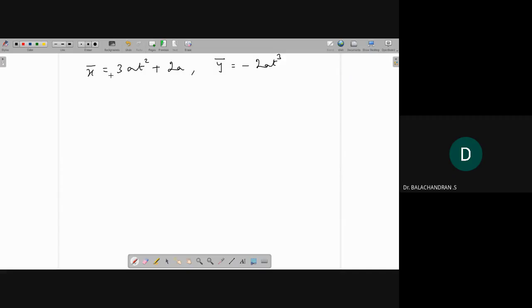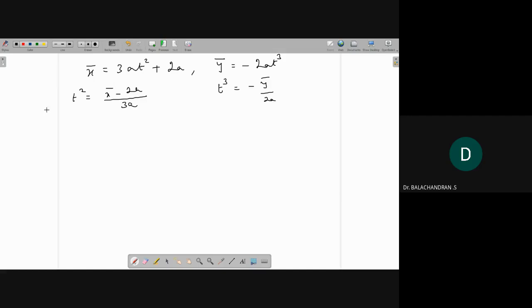I will do the same thing now. From this equation, I'm going to find t square. So t square equals x bar minus 2a divided by 3a. From this, I'm going to write t cube is minus y bar divided by 2a. Here I have t square, here I have t cube.